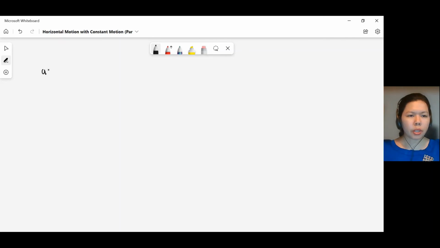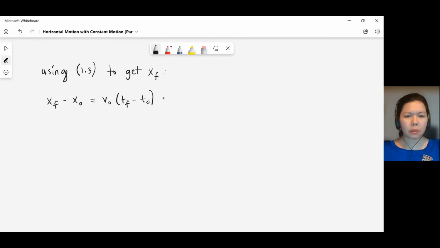Using 1.3 to get XF. We have XF minus X naught equals VO TF minus T naught plus 1/2 A TF minus T naught squared. I'm dropping now the T naughts.